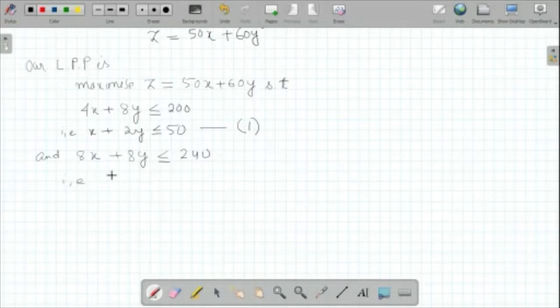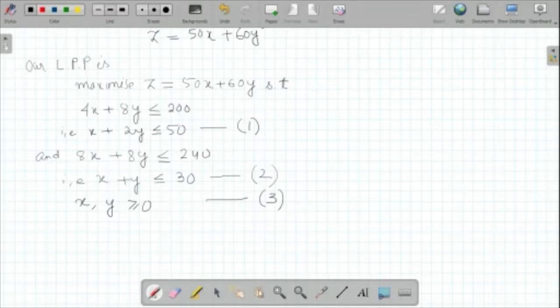See, we can divide all sides by 8, so it will be x plus y less than or equal to 30. So that is our second equation, right? And moreover x, y both of them are greater than or equal to 0, that is, positive.